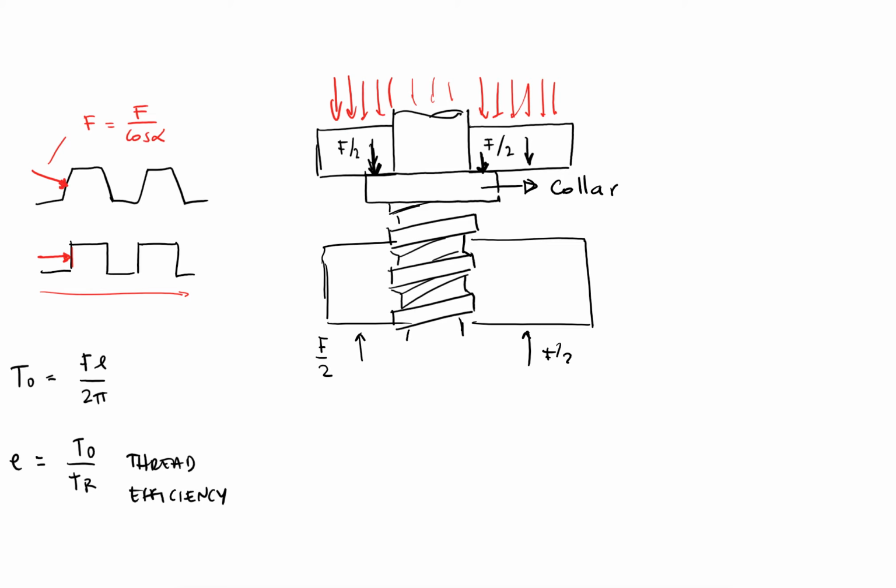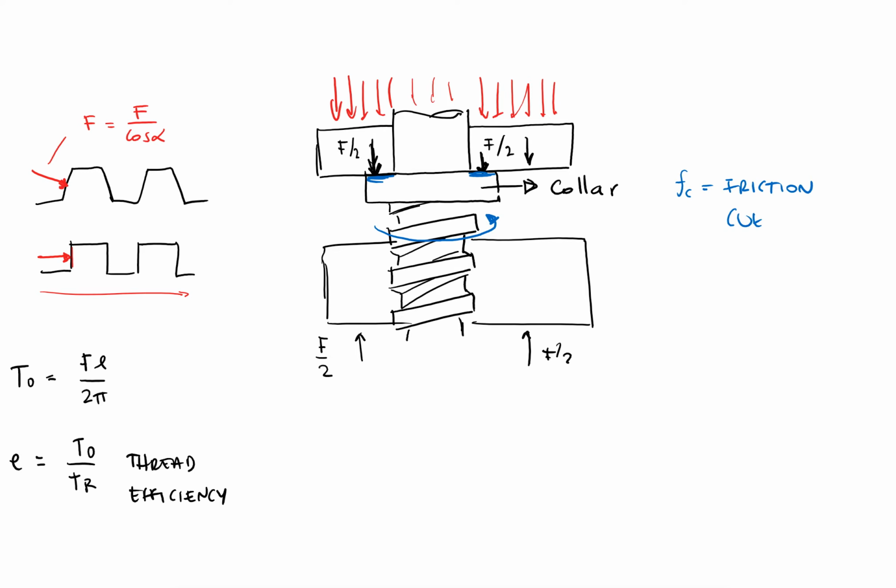Now, since the screw is rotating, or the nut is rotating, making this go up and down, there is going to be friction on this surface and this surface, right? And it's not necessarily the same friction coefficient as before. So we refer to that as the friction coefficient for the collar.